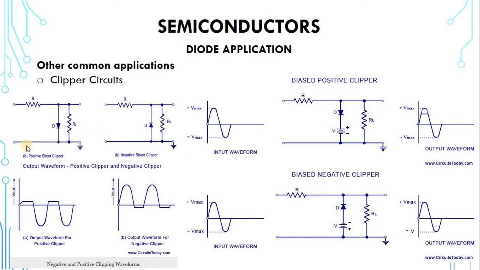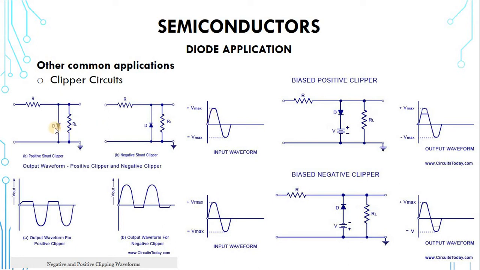This is the input waveform, which means that this is a waveform that is applied to this. First of all, let's see what happens when this voltage is rising from 0.